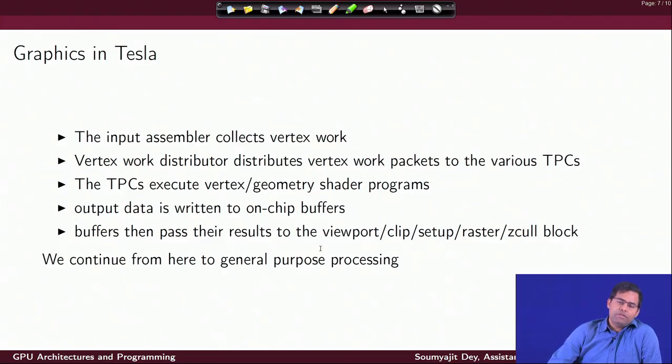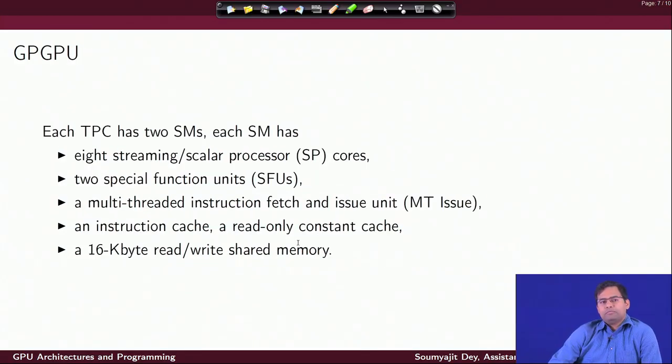So, this gives us a basic idea of how graphics processing changed from fixed function pipeline to a GPU pipeline, and from here we will continue to how GPUs in general handle instruction processing in the SIMD style, and we will talk about general purpose programs.